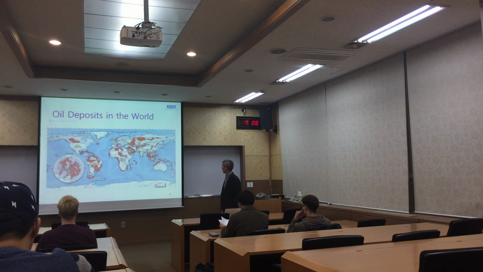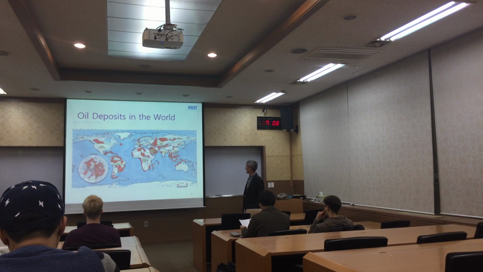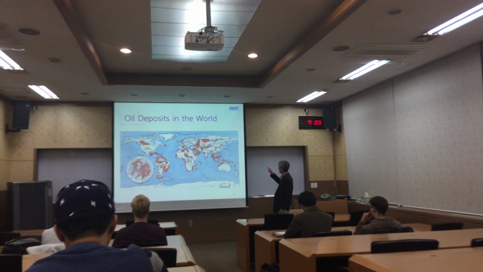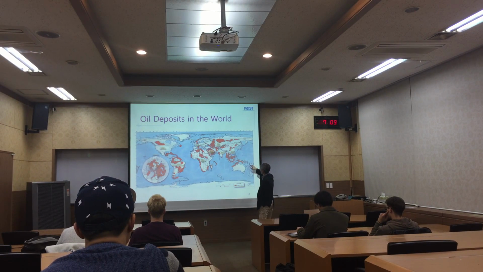And these are showing reserves in the land side only, right? No ocean side, because we don't know yet how much oil and gas is buried under the seabed. So you see that there are only land side reservoirs, deposits.